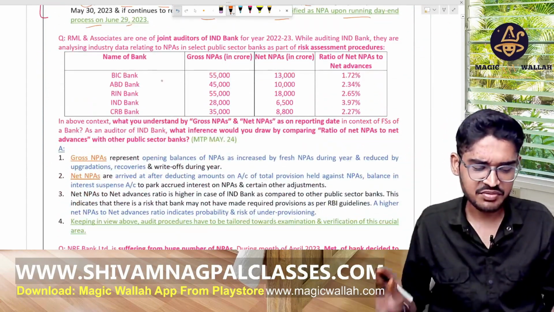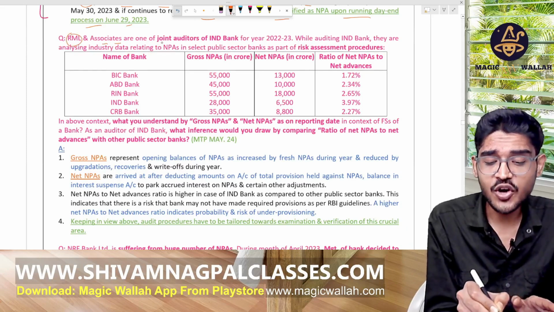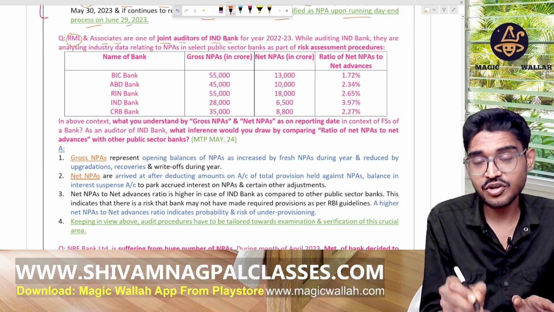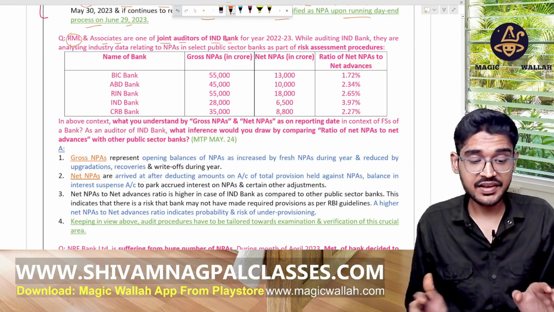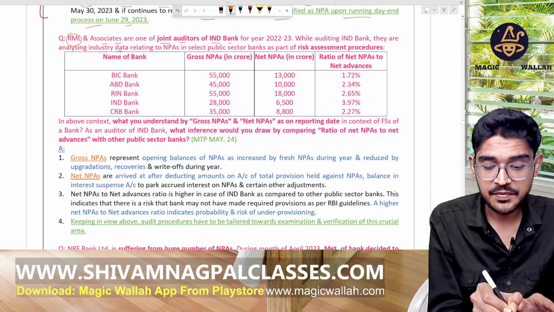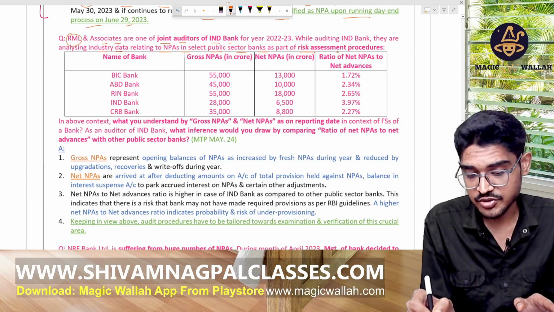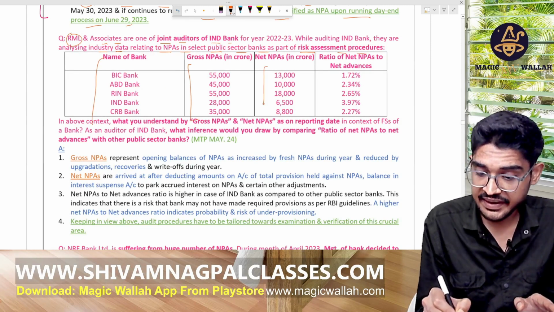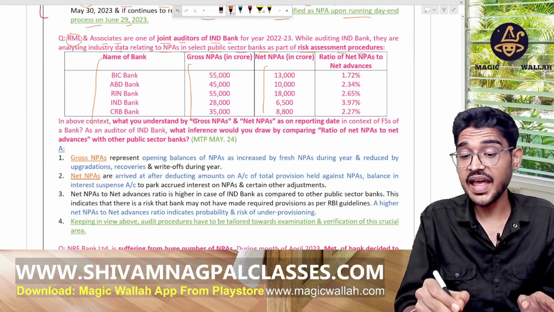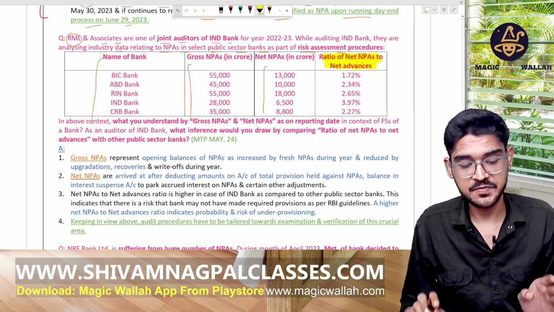Okay. Now, next question. RML and Associates are one of the joint auditors of IND Bank for this financial year. While auditing IND Bank, they are analyzing the industry data for NPA, selecting the public sector banks as a risk assessment procedure. Their bank name, their gross NPA, net NPA, and ratio of net NPA to net advances.